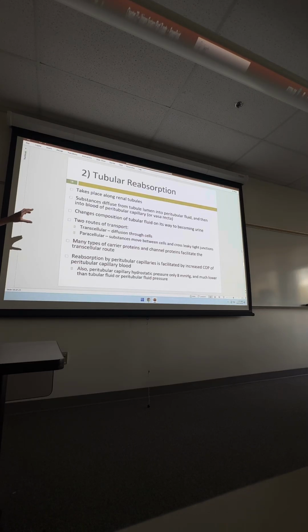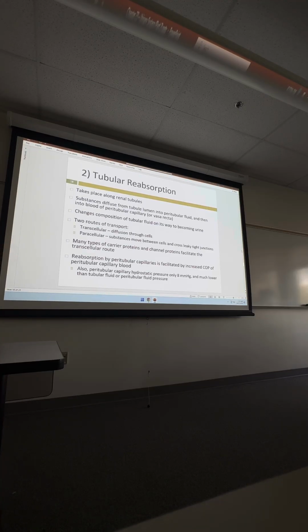This reabsorption in our proximal convoluted tubule in particular, and in the rest, can happen a couple of ways. It can happen through the cells, as in transcellular, or it can go around the cells, as in paracellular.